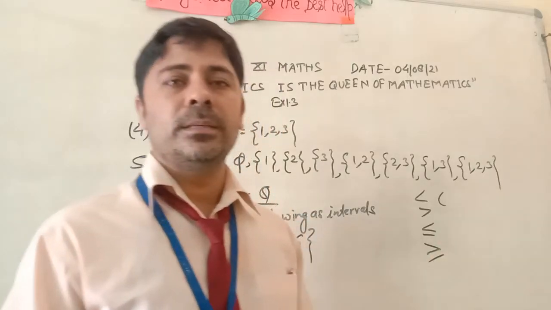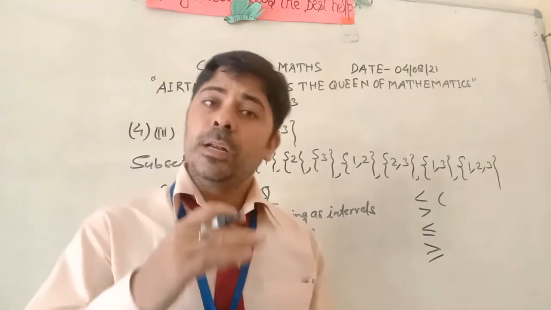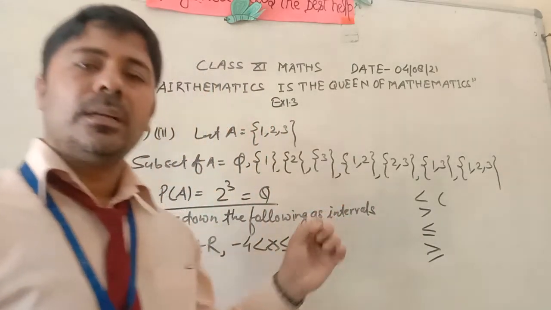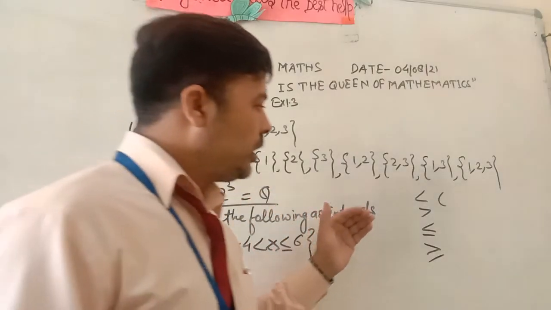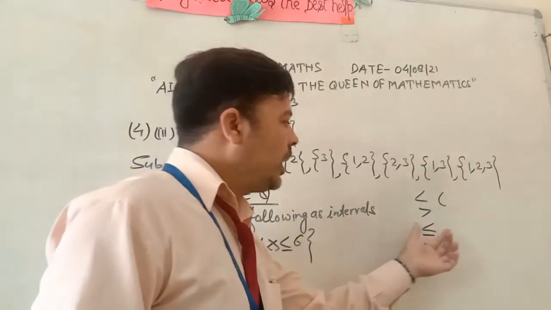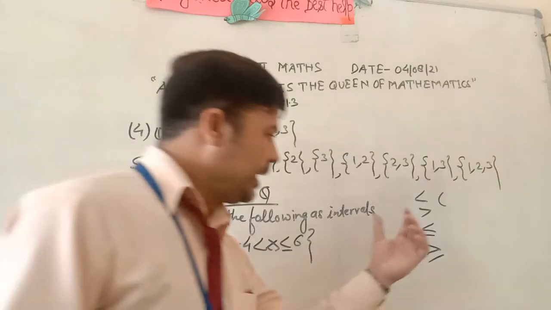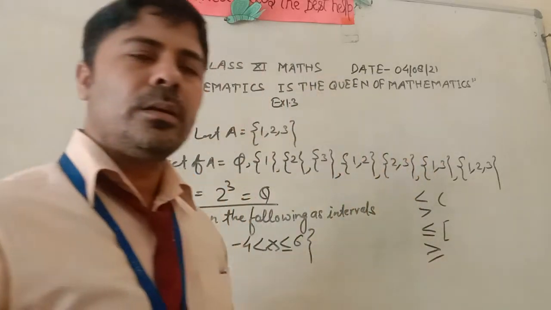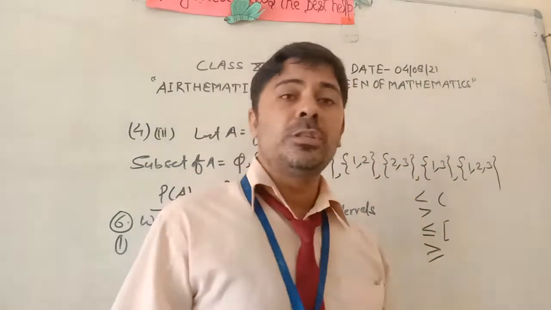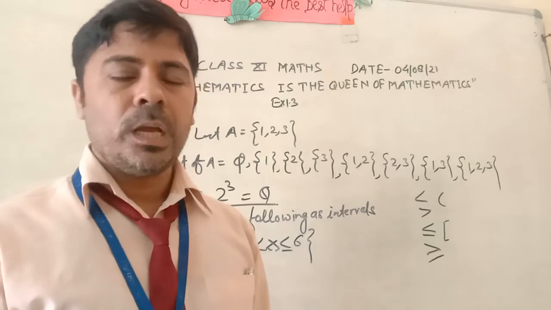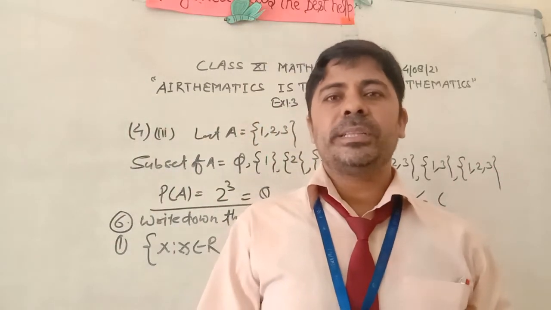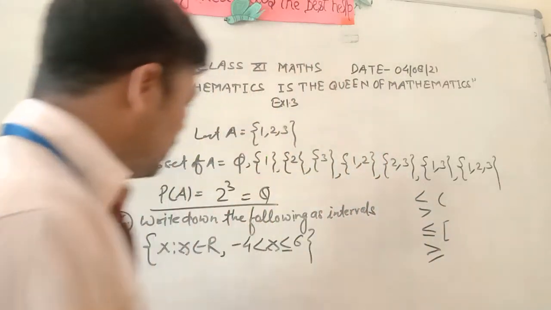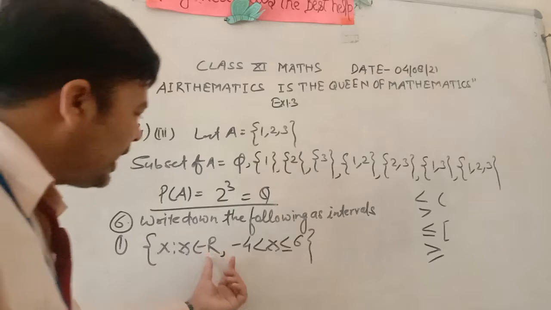It is also told by me that in an open interval the end points are not included, and if you have less than or equal to and greater than or equal to, then you have to use a closed interval, which means square brackets. And in a closed interval, the end points are also included.